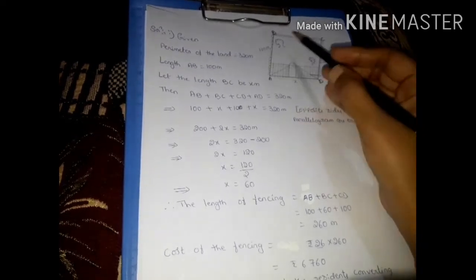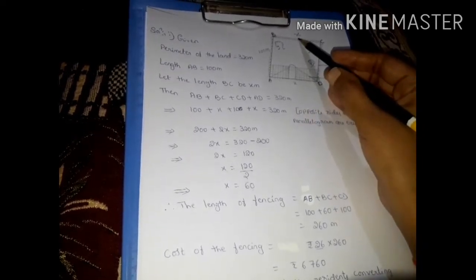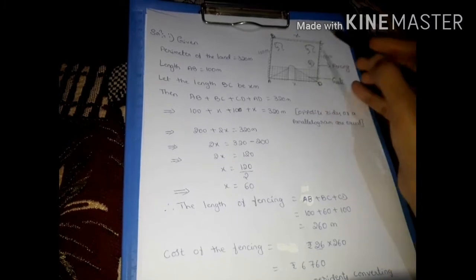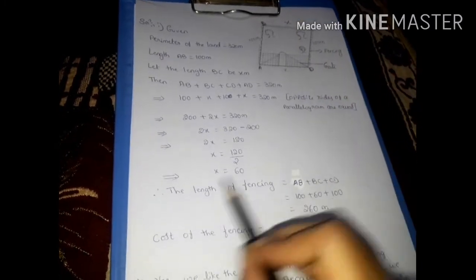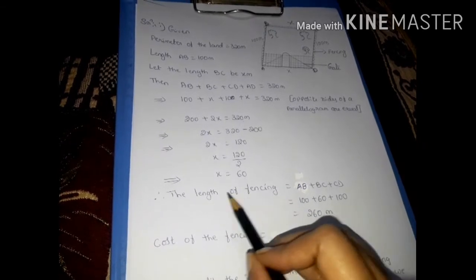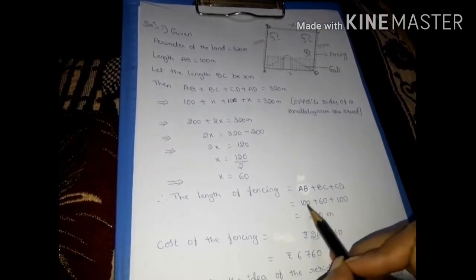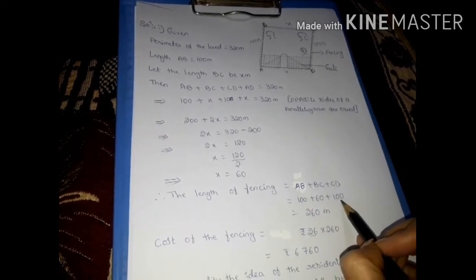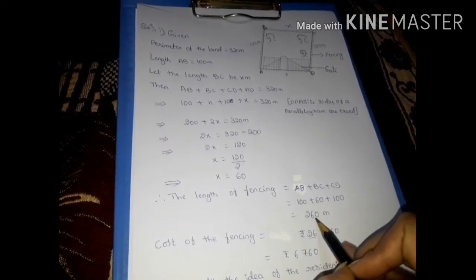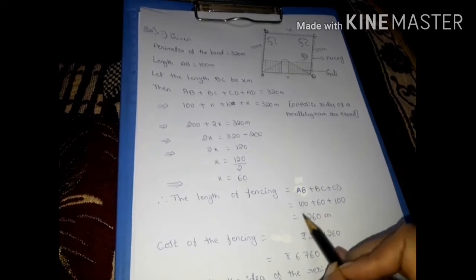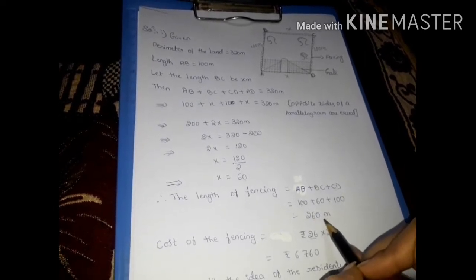AB 100, BC we got 60, that is x value we got 60, and CD is also 100. So substitute here. The length of the fencing is equal to AB plus BC plus CD. 100 plus 60 plus 100, which is equal to 260 meter. We got total length for fencing.